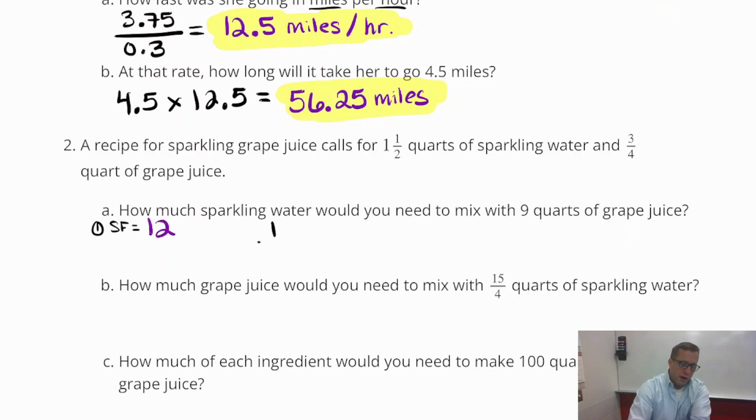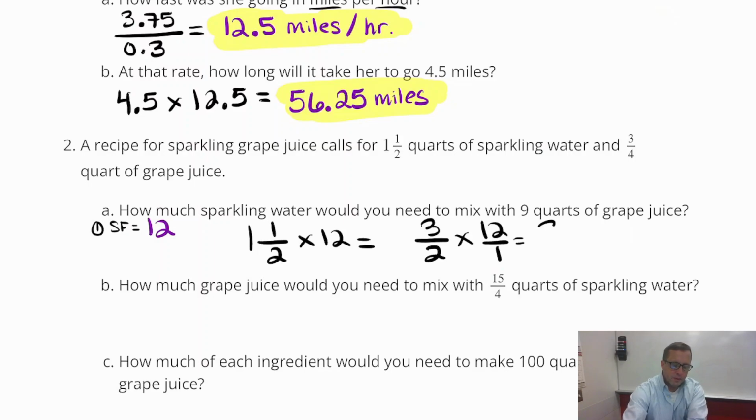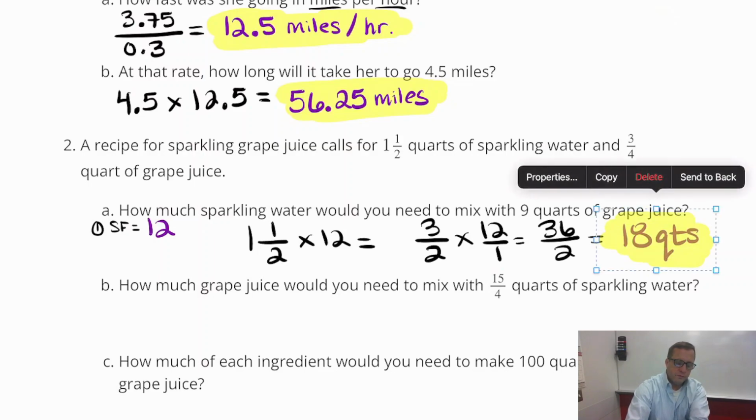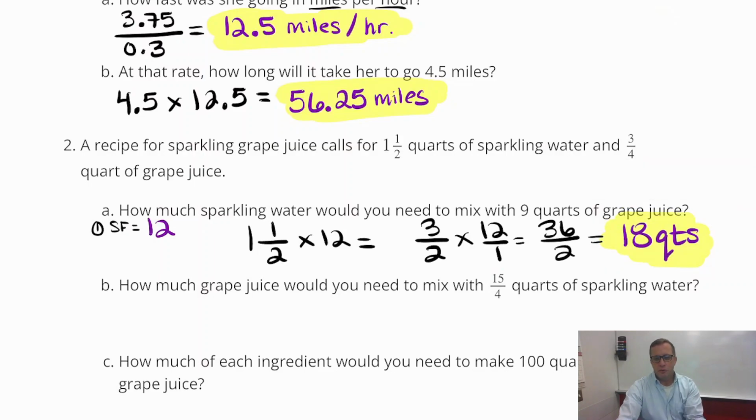So we're going to do 1.5 times 12. Now 1.5 really is 3/2 times 12 over 1, which equals 36 over 2, which equals 18. So that's going to equal 18 quarts. So finding that scale factor was important.